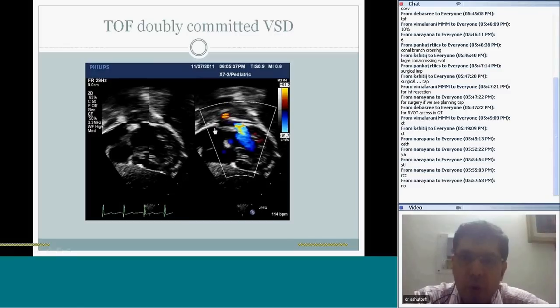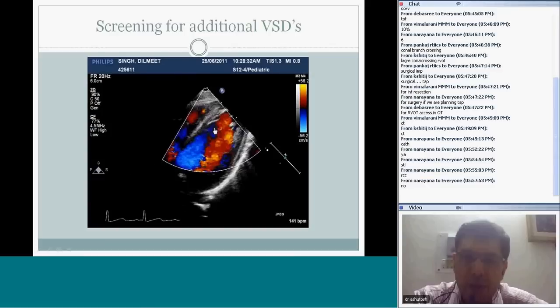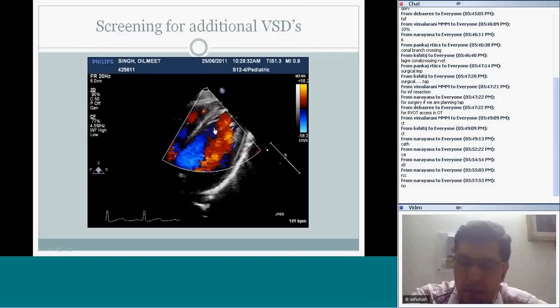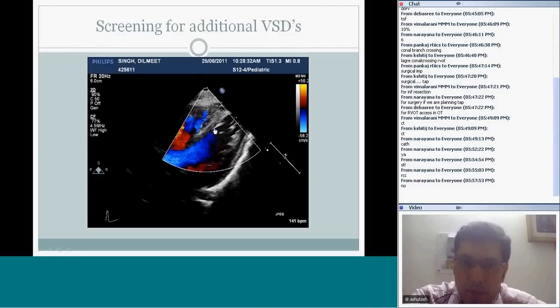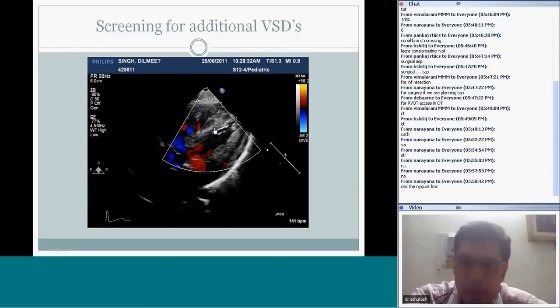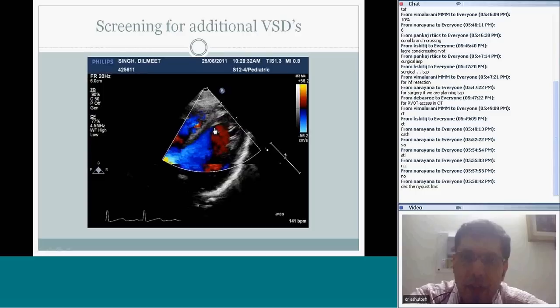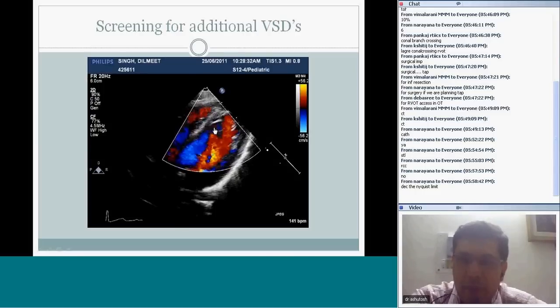Now this is looking for muscular VSD. What would you do when you are looking for a muscular VSD? What is the caution that you would want to observe while imaging? Yeah, perfect. So till what level do you bring it to?